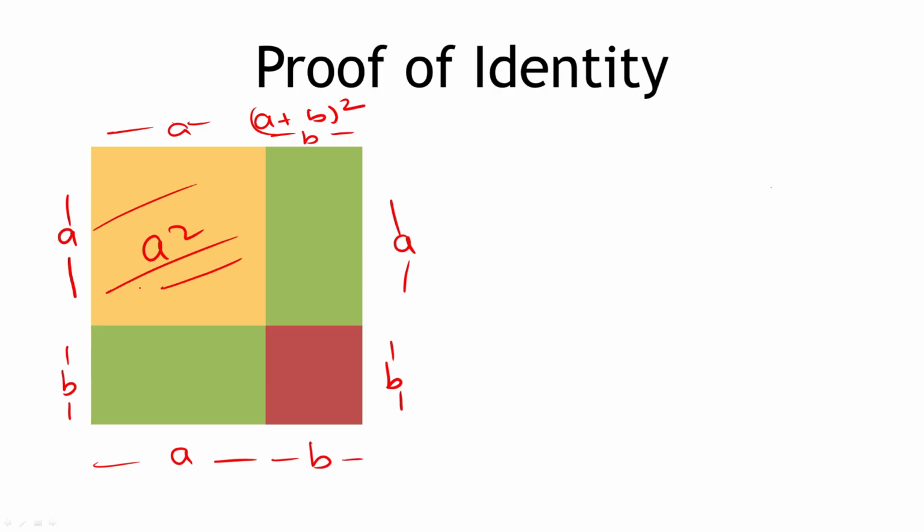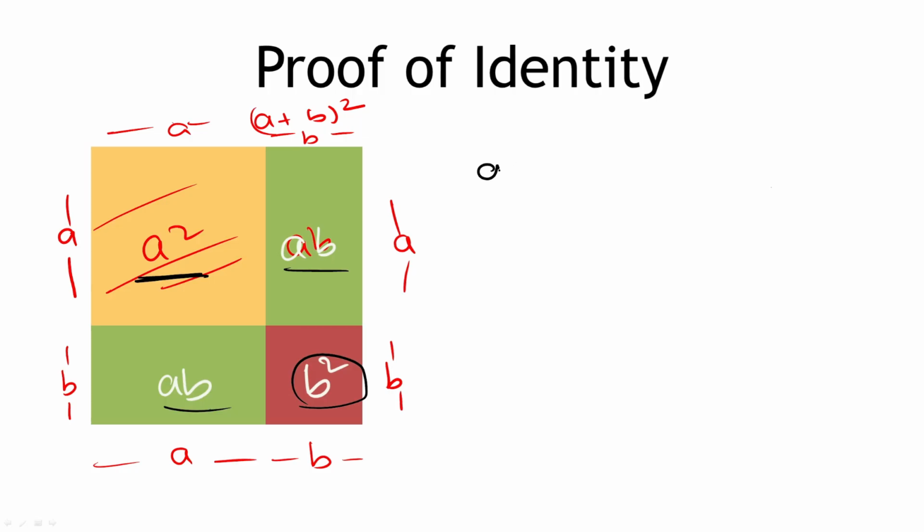We are going to add up the areas. Then this is ab. Let me use a better color for it. So this is going to be ab, and this is also going to be ab, and this is going to be b square. So now using this, we get a square plus ab plus ab plus b square.